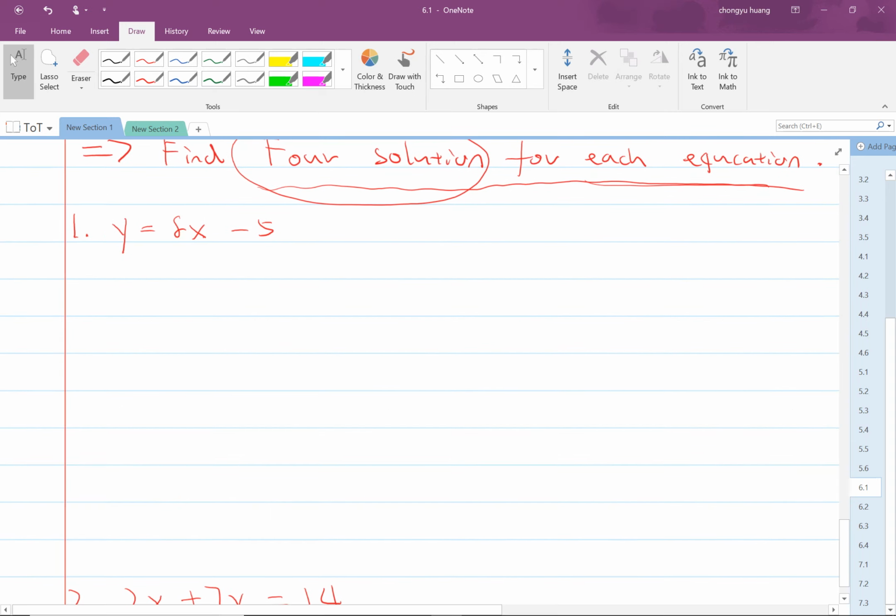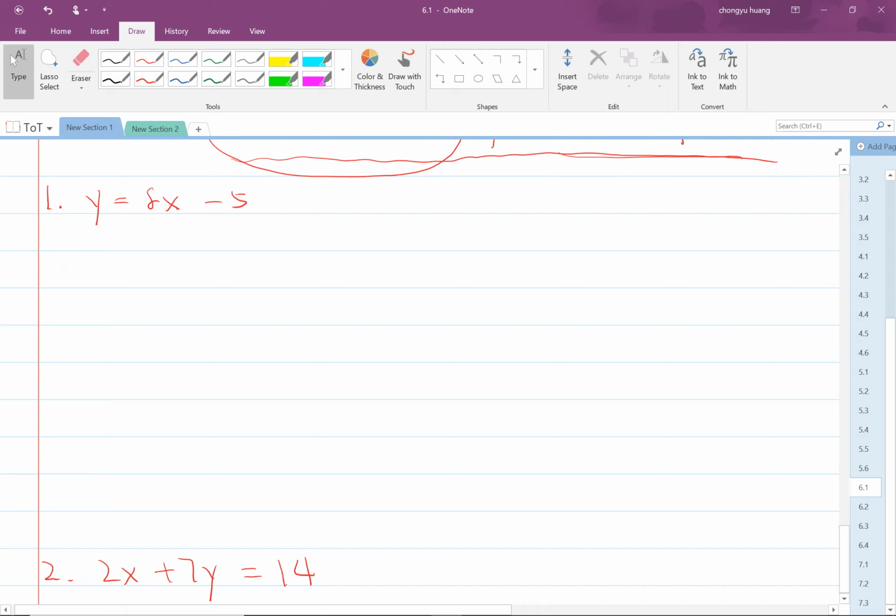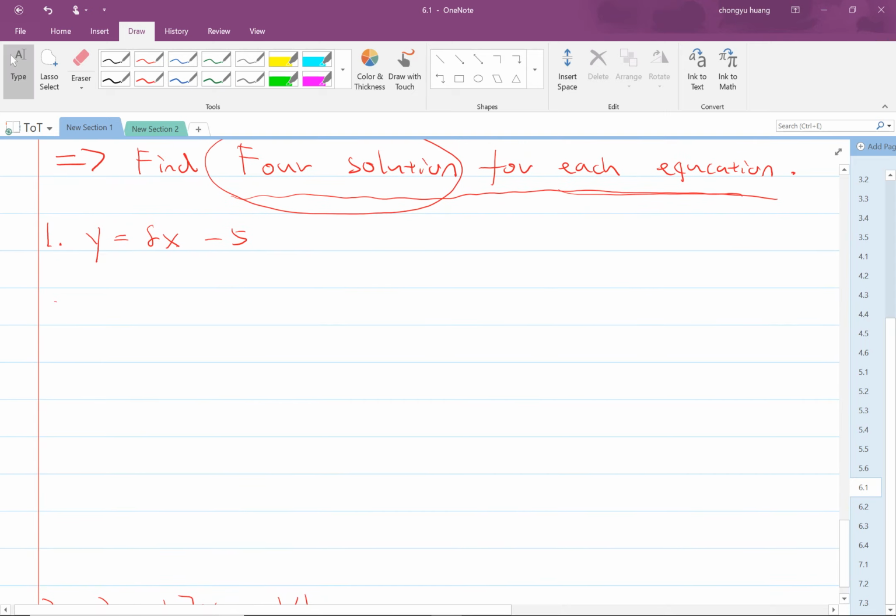Now let me zoom in a little bit. As I said before, there are 2 points that are the most easy points for you to find really fast. So let me write it down.